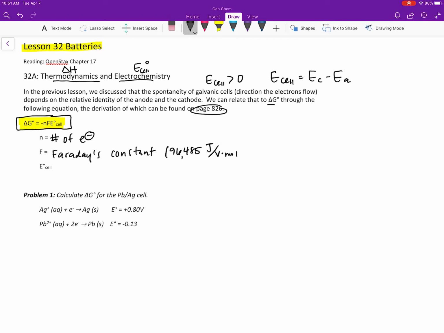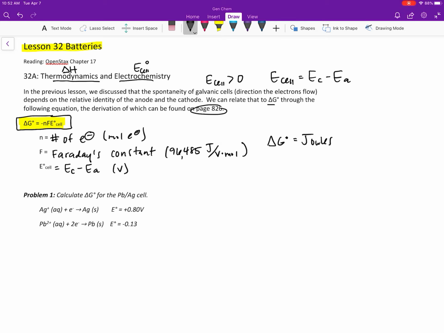Okay. E cell naught is going to be the standard potential for the cell, and just like we said up there, it's going to be the standard reduction potential of the cathode minus the standard reduction potential of the anode. And so if we look at units, volts, moles of electrons, okay, which will leave us with a delta G naught unit of joules.